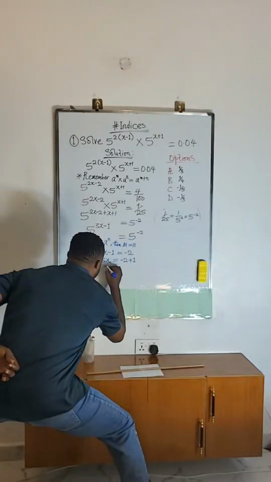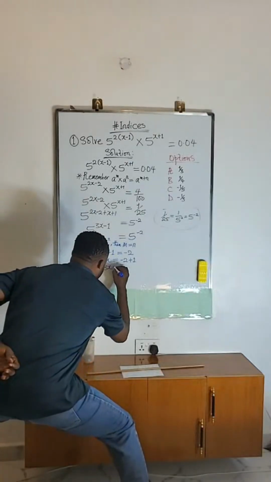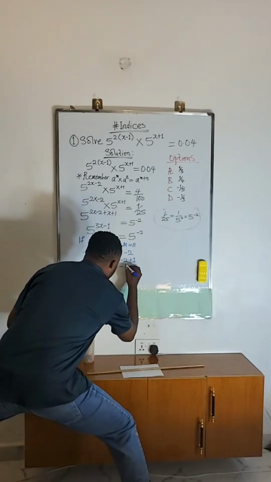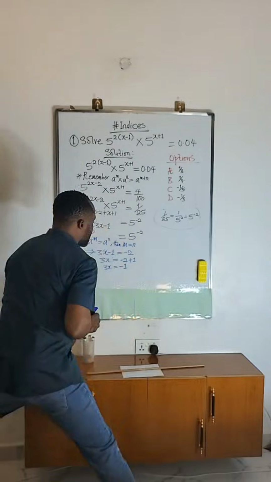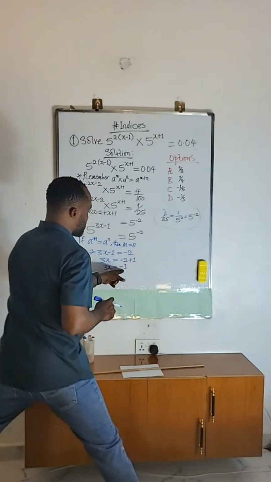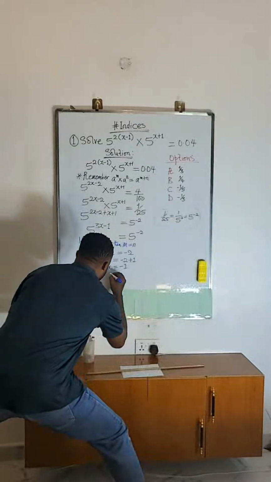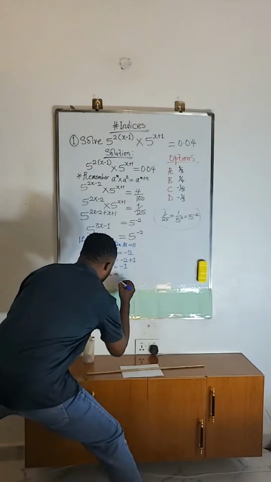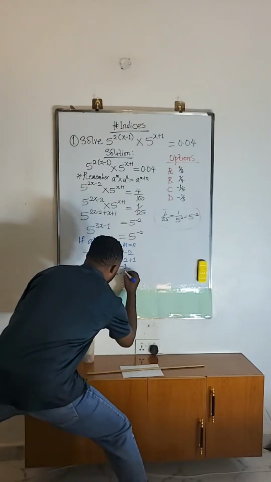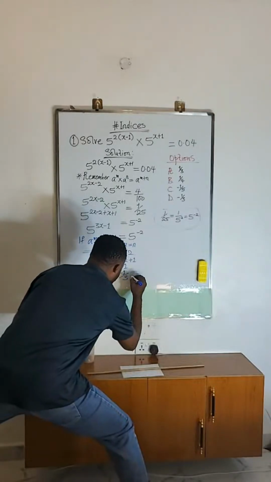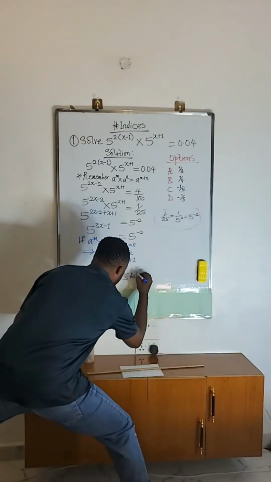Then again, you have 3x equals minus 1. Is that right? Because minus 2 plus 1 is minus 1. So if you divide both sides by 3, you have that x equals minus 1 over 3. That becomes the answer.